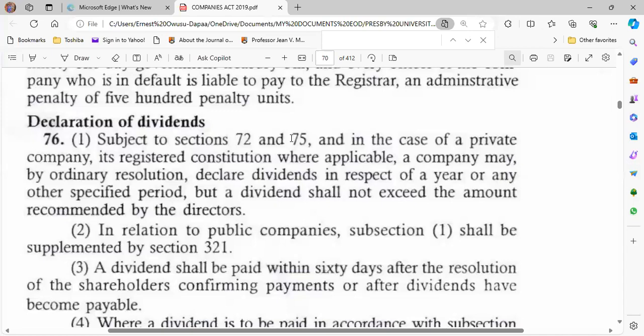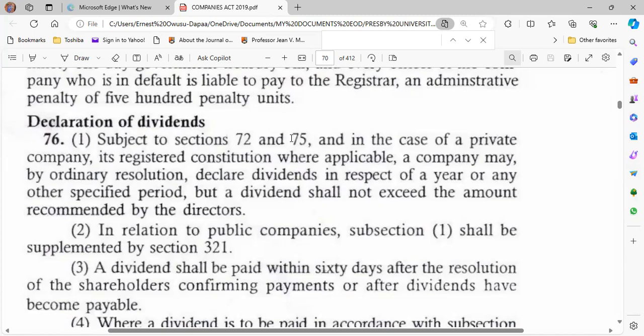So let's keep that in mind. The members, and here we have important checks and balances, right? And that is why I have told students many years and at different times and places that there's a close relationship between constitutional law and company law. So you have some sort of checks and balances here. The power to declare dividends lies with the shareholders. However, the shareholders cannot exercise the power in a vacuum.